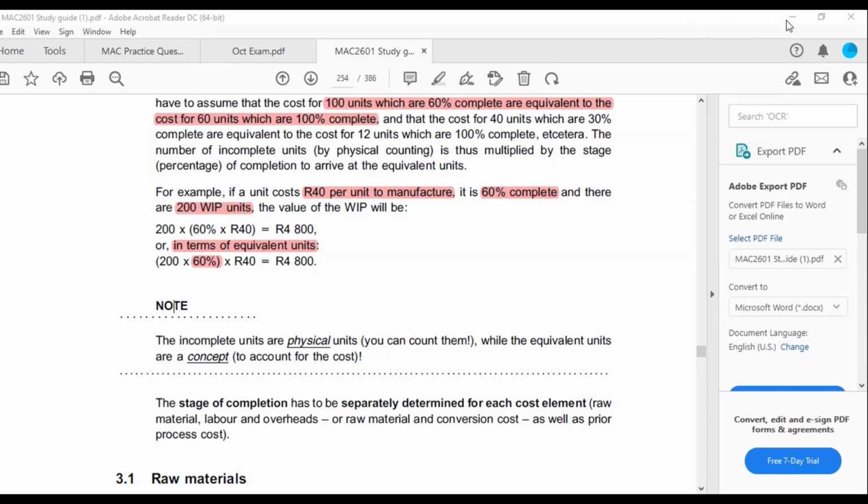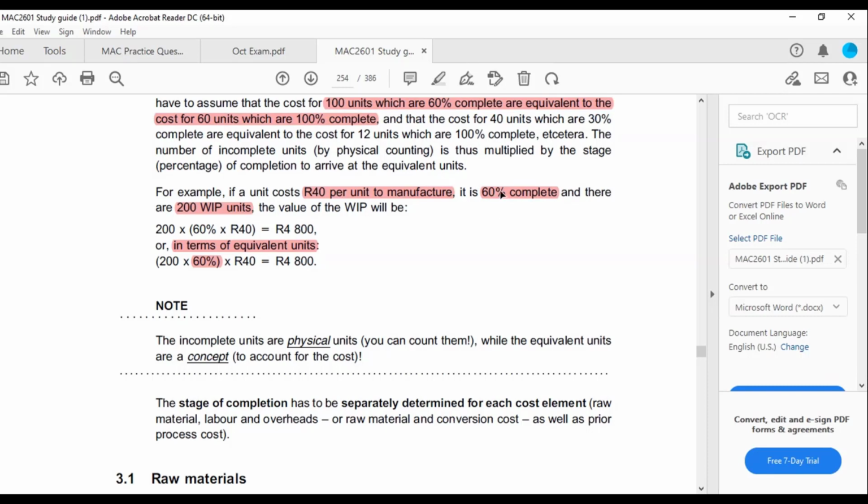If someone asks you what an equivalent unit is, we are taking into account partially completed units, and giving them a cost. Hence, you need to know the stages of completion.